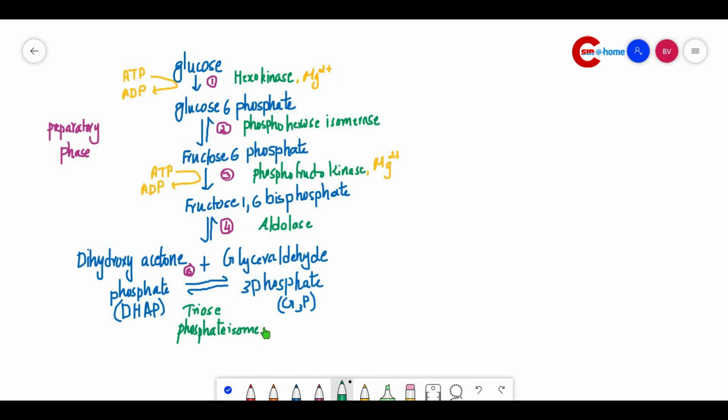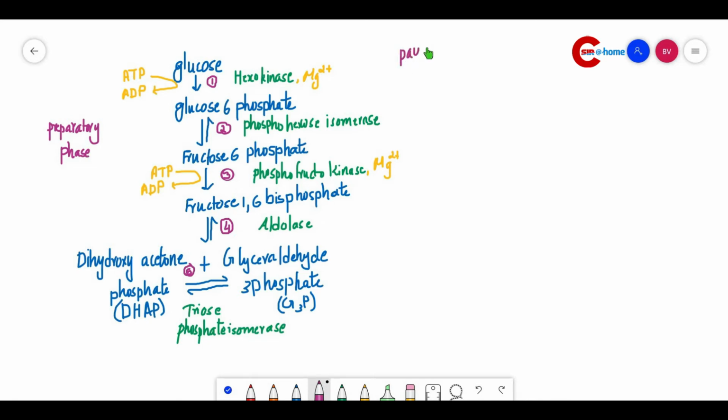Yes, isomerization. This step is known as the preparatory phase. And next is the payoff phase.